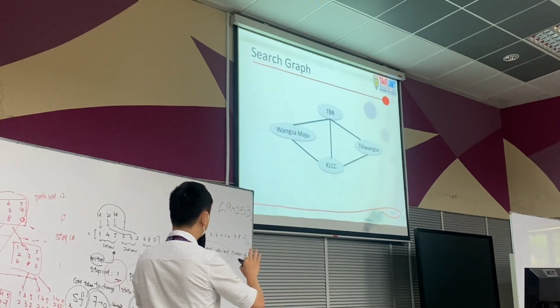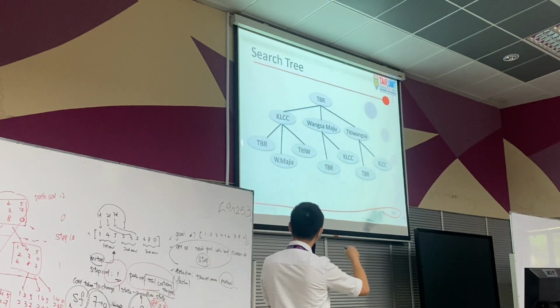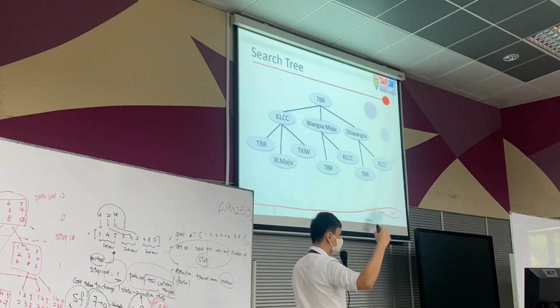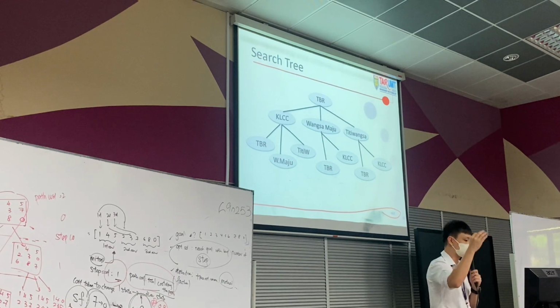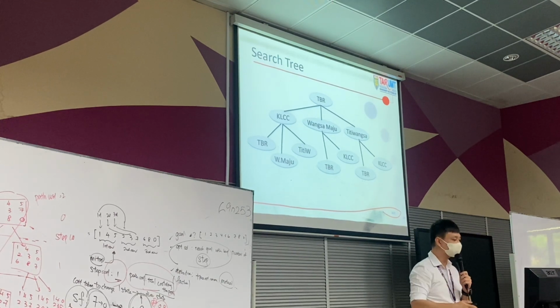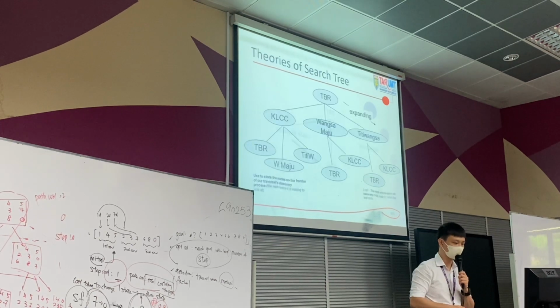Forget about the search graph. I'm not going to show you how to display the search graph. It may confuse you, so I will just focus on this technique. So how to generate the resulting tree as well as the search tree, as well as the return path and the source path, everything, I will cover. So this is the search graph, forget about this, I will just focus on this.